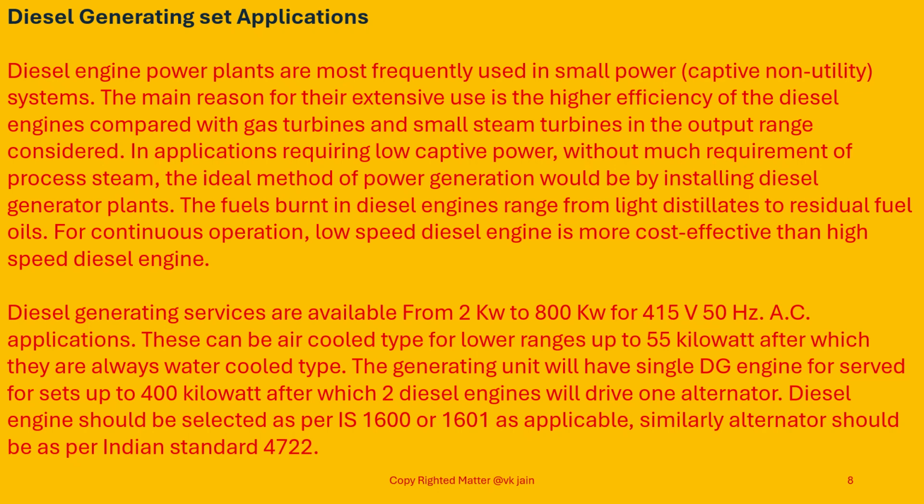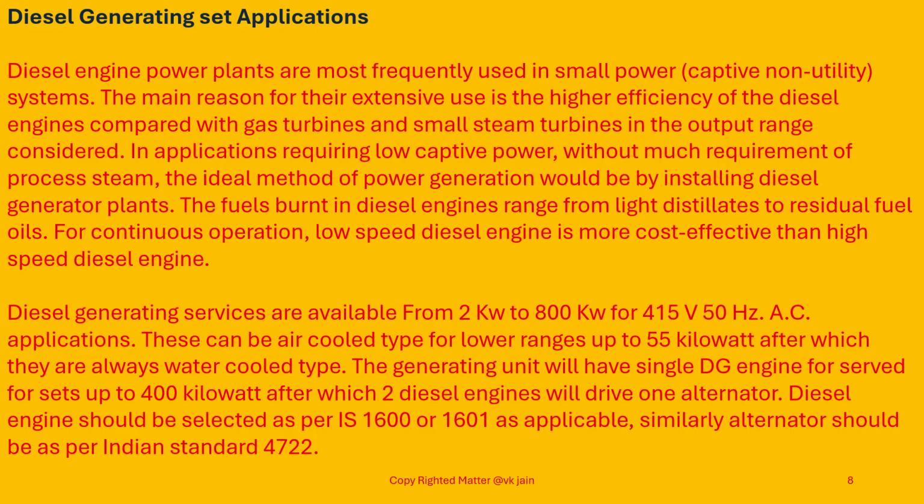For continuous operation, low speed diesel engine is more cost effective than high speed diesel engine. Diesel generating sets are available from 2 kilowatt to 800 kilowatt for 415 volts 50 hertz AC, which is commonly available. These can be air-cooled types for lower ranges up to 55 kilowatt capacity, after which they are always water-cooled type.